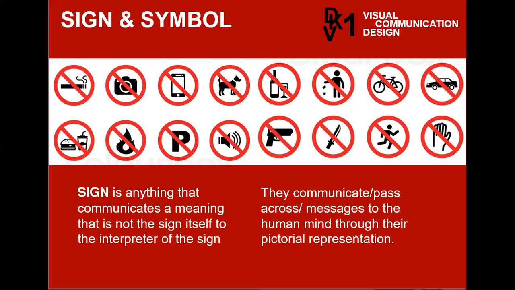We can see here, for example, a no smoking sign. There is a picture of a cigarette and there is a stop logo. So it means do not smoke. And etc. As you can see, it's quite easy to understand.